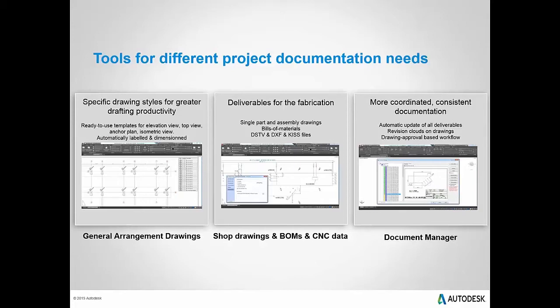We can, like I said, generate bills of material, CNC data, and it's all put together in a document manager that we can review. And as changes occur, if that's in your mind, well, what do we do when we have changes? We would see the program will actually manage that for us. If we define what the particular revision may be in that case, then it will actually put revision clouds on for us and so on.